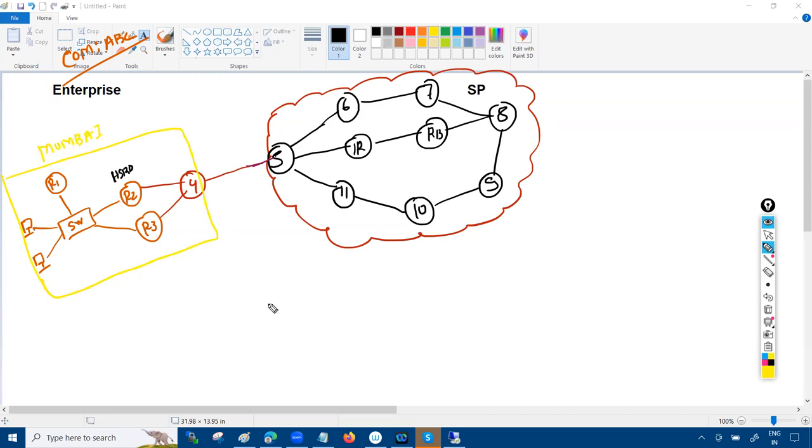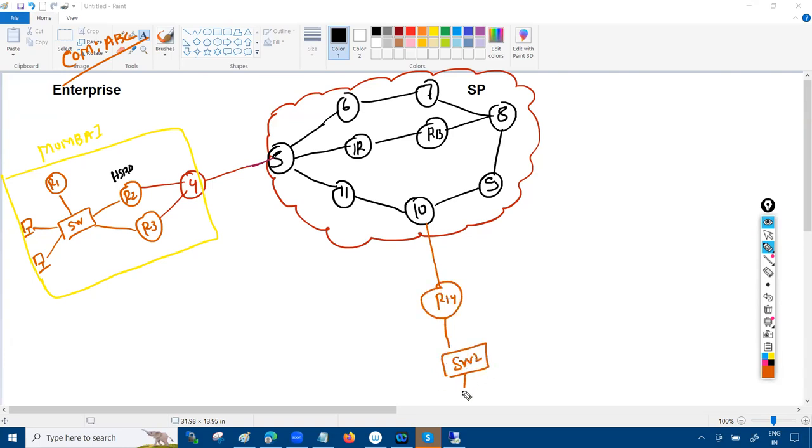The same company ABC has a different branch office in a different location. This is going to connect with router number 10, so router 10 has connectivity with router number 14. Router 14 has connectivity with a single switch, a single-homed connection.